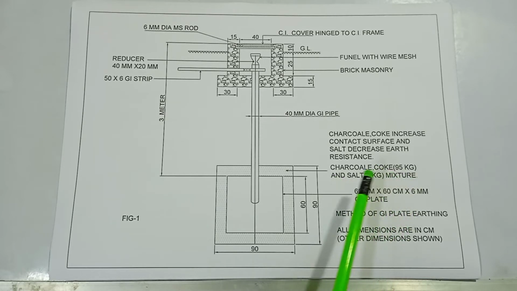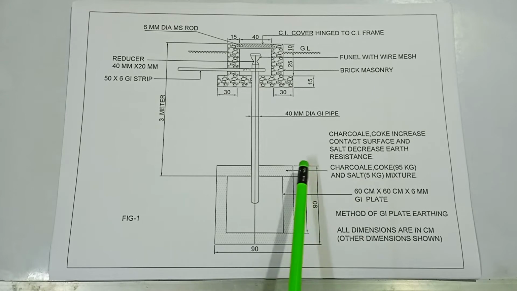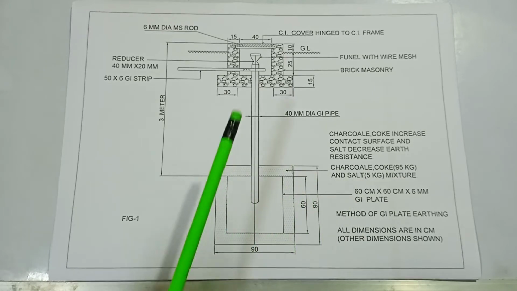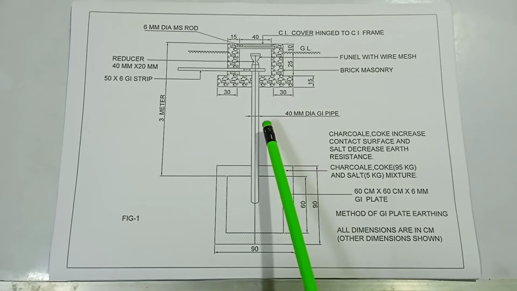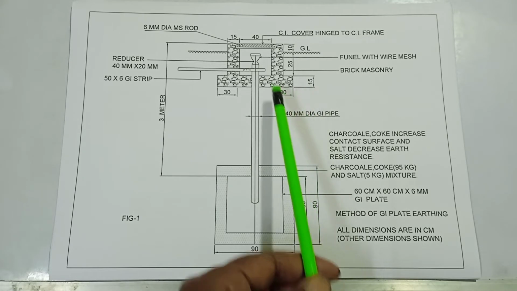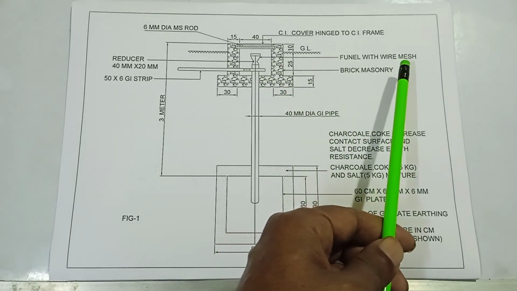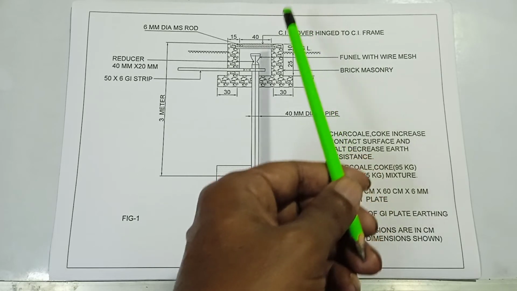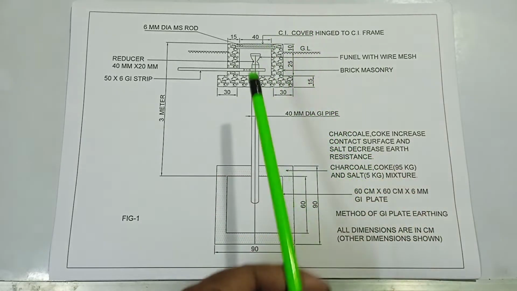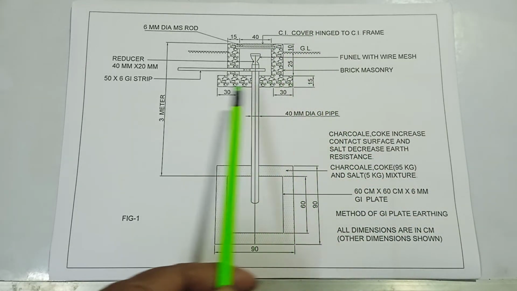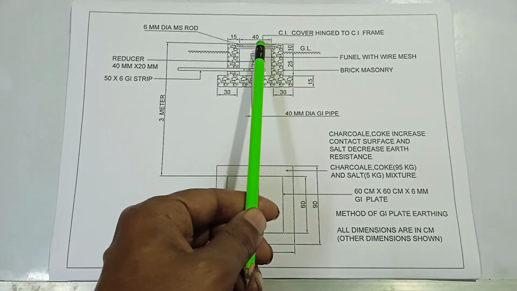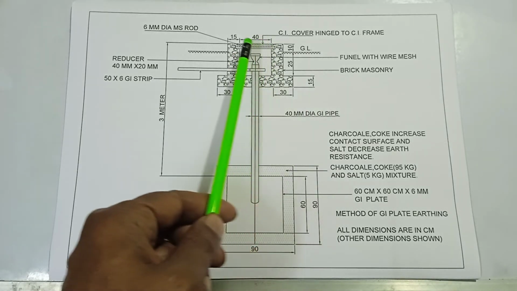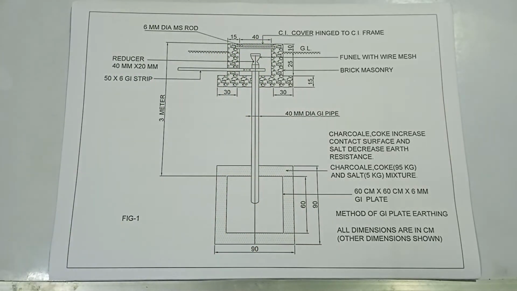Both are mixed and poured surrounding the plate. Here is a GI pipe, and here a funnel with wire mesh for pouring of water, and this is the brick masonry, and this is a CI cover hinged to CI frame.